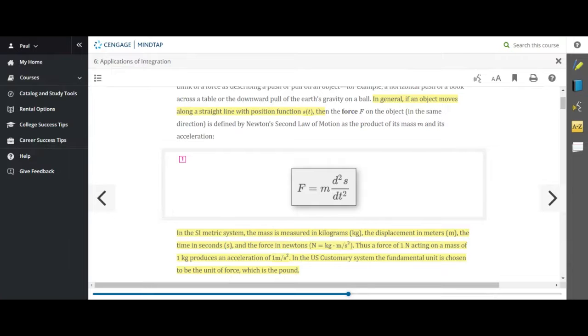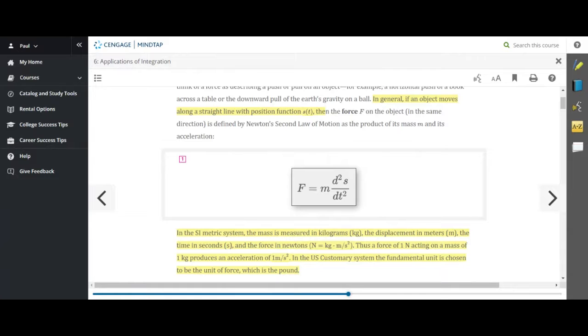So David, Taj, Mario, Jan and D'Angelo have heard of that. Wonderful. The force of 1 newton acting on a mass of 1 kilogram produces an acceleration of 1 meter per second squared. That's the metric units.